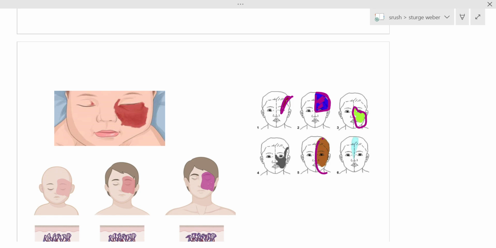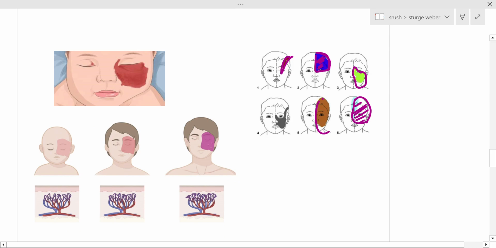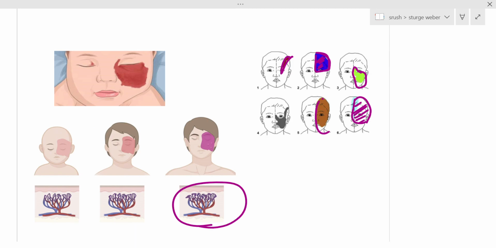It can have very many patterns, but it's important to remember that it's going to be in this shaded area. And the severity would depend on the caliber and density of the vessels, and sometimes the skin becomes rugated and a little bit swollen.